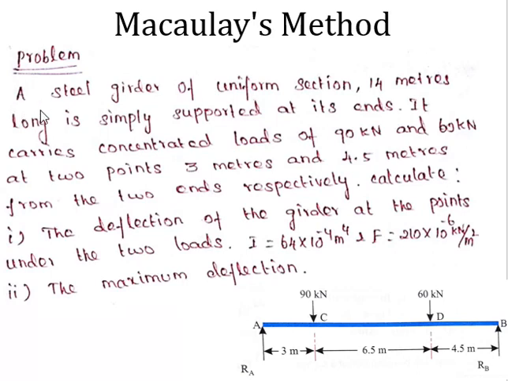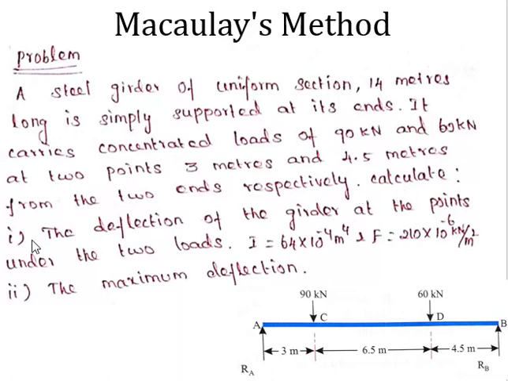A steel girder of uniform section, 14 meters long, is simply supported at its ends. It carries concentrated loads of 90 kilonewton and 60 kilonewton at two points, 3 meters and 4.5 meters from the two ends respectively.